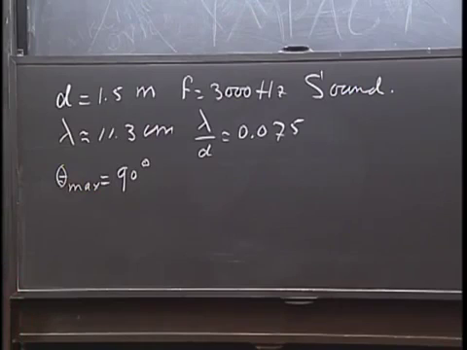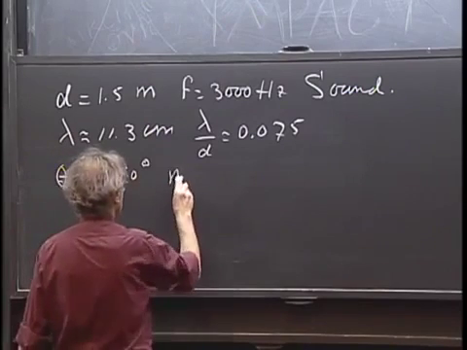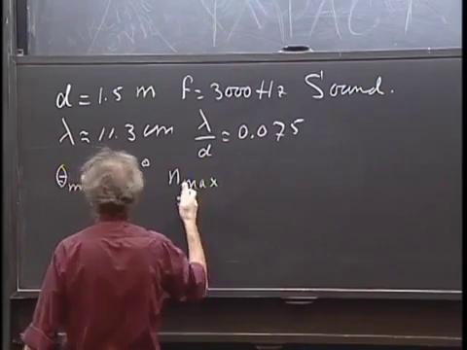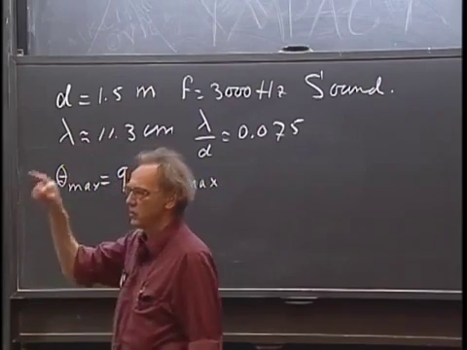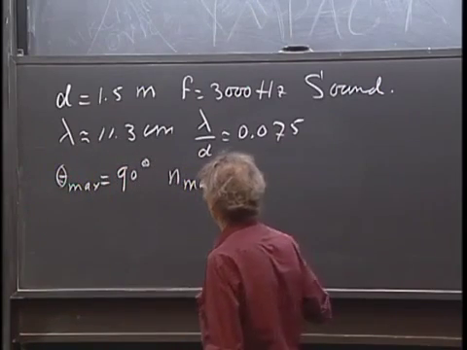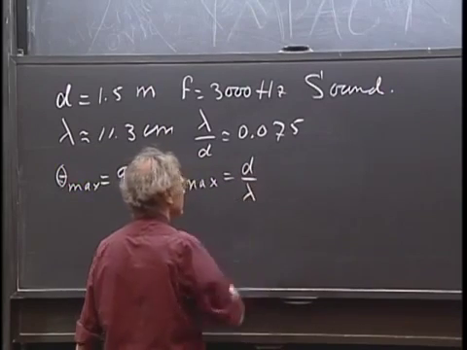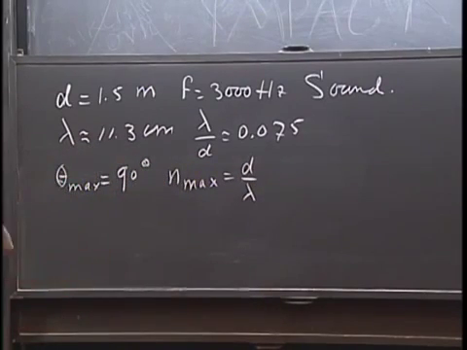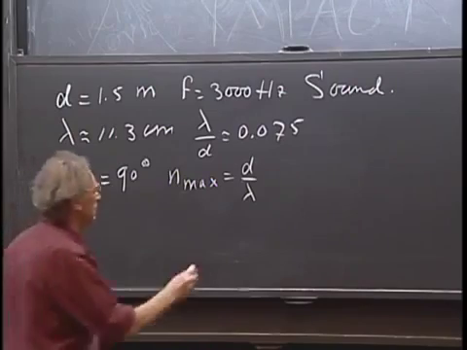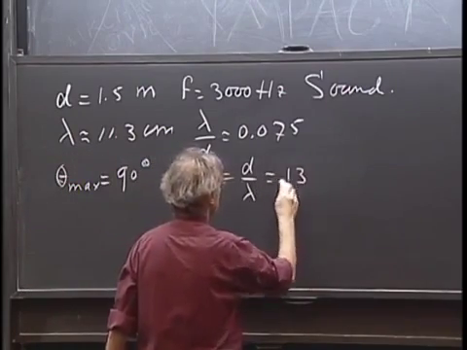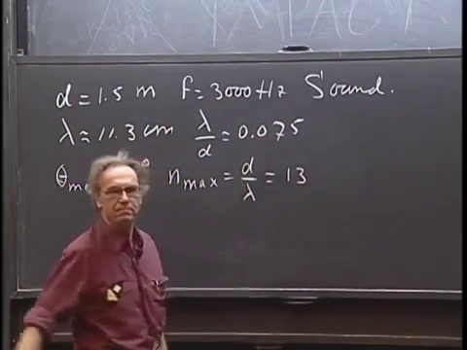And so when you do that, you'll find that n max, that is the highest number of n in that series 0, 1, 2, 3, 4, 5, that n max is then d divided by lambda, which in our case is about 13. It is 1 over this number.